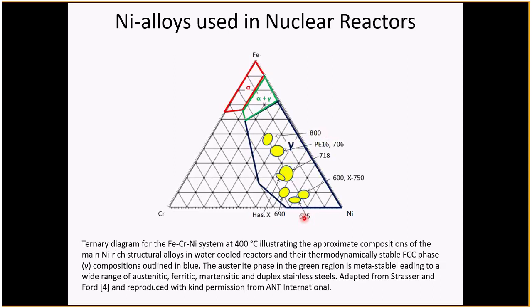Alloy 625 is used mostly for guide tubes, flux thimbles in PWRs, for instance, or the carrier rod material for flux detectors.